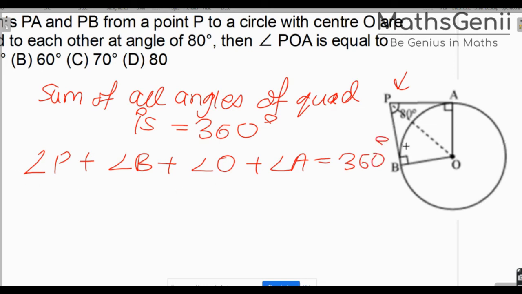In exam, you write the full form, so instead of angle P, you write BPA, with P in between. I'm just writing it in a shorter way.